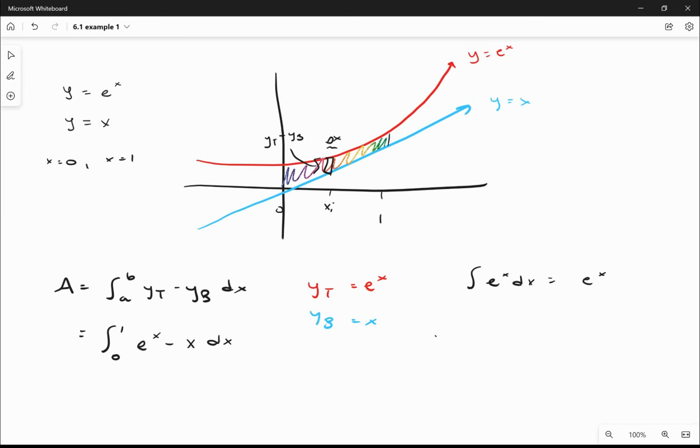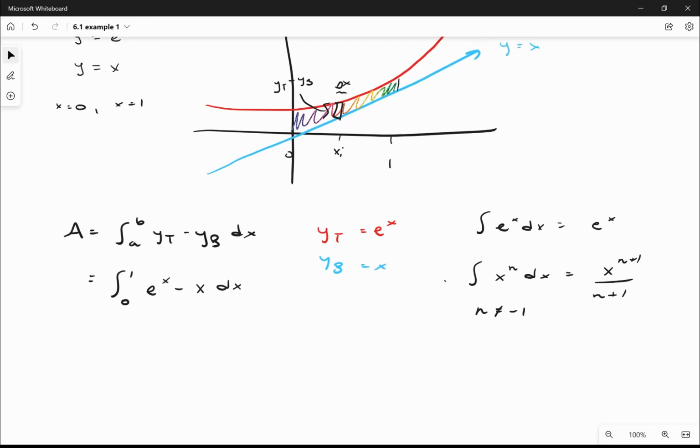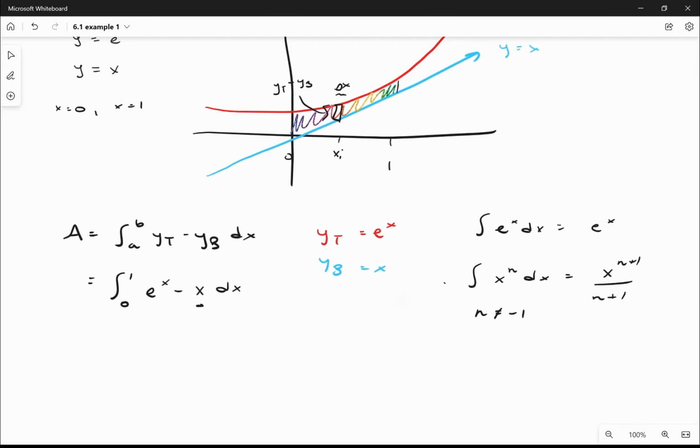And then to integrate x, we're just using our power rule for integrals, right? So this is just going to be x to the n plus 1 over n plus 1, as long as n is not equal to negative 1. And here, if we're looking at just this part here, the n in this case is just 1, right?